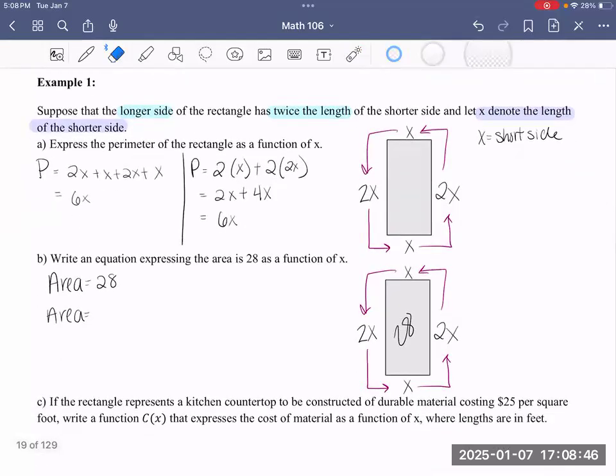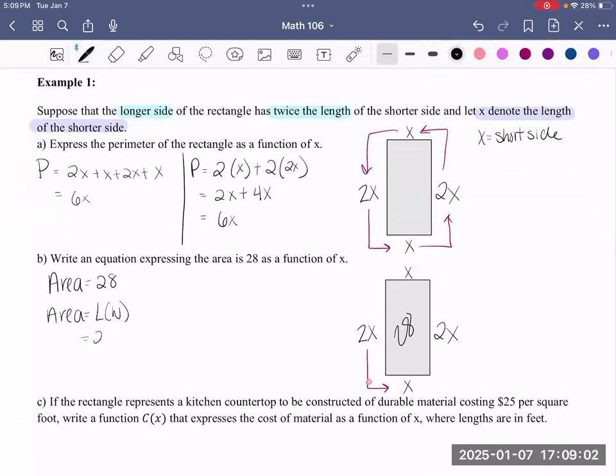So that just means we can take away the perimeter, since we're not traveling around it. All we have to do is multiply the length and the width. Length times width, or 2x times x, which is equal to 2x squared.